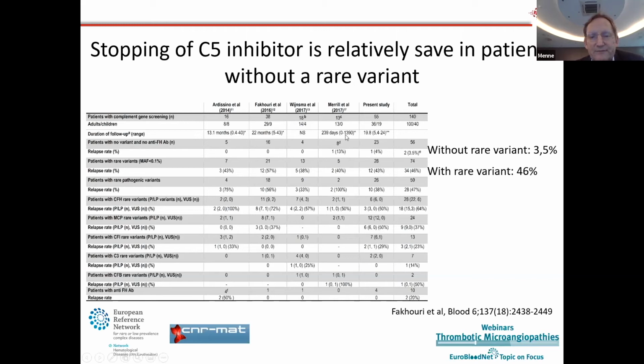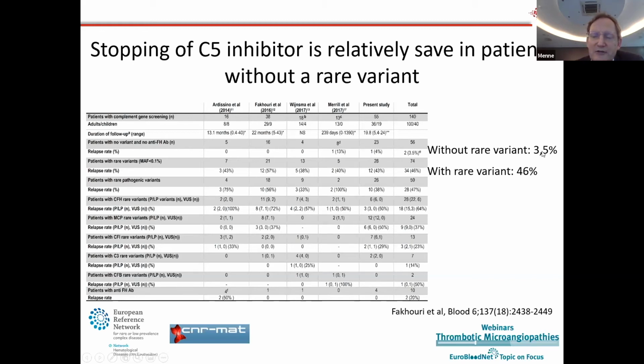discontinuation studies. And when they put all these data together, in patients without a mutation or without a variant, they had a very low relapse rate of 3.5%. If they had a mutation, the relapse rate was about 46%. So this is a huge difference.